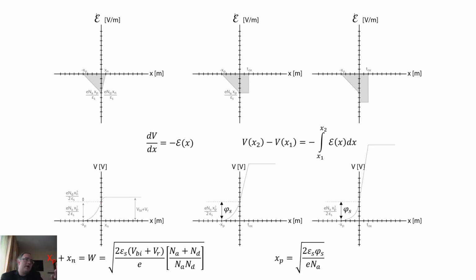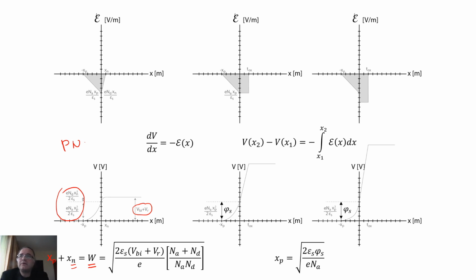So now, having analyzed these potential changes, let's go back to the PN junction. We can calculate actually the extension of the depletion region. So the extension in the P side plus the extension in the N side will give the width of the depletion region. And then you can easily calculate it because, of course, you have an expression for the potential difference with respect to the spatial extension and the concentrations.